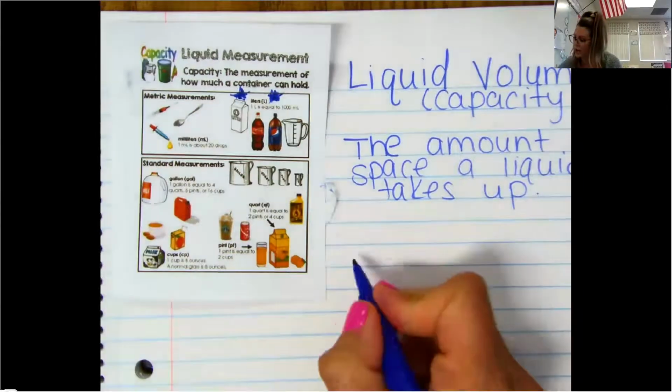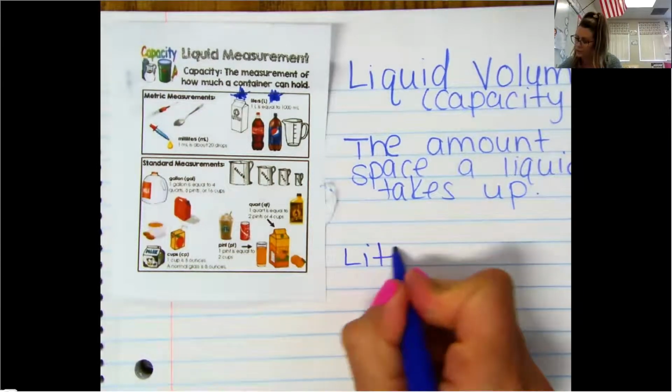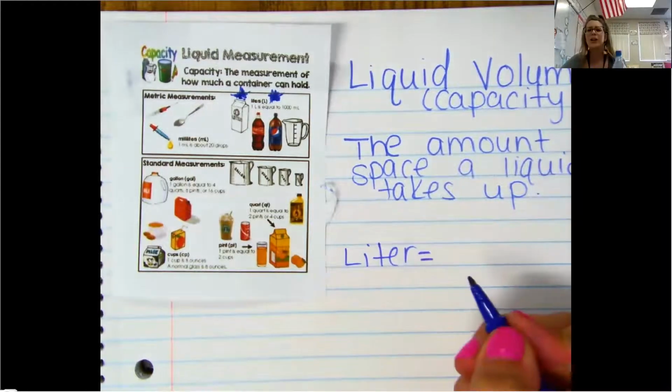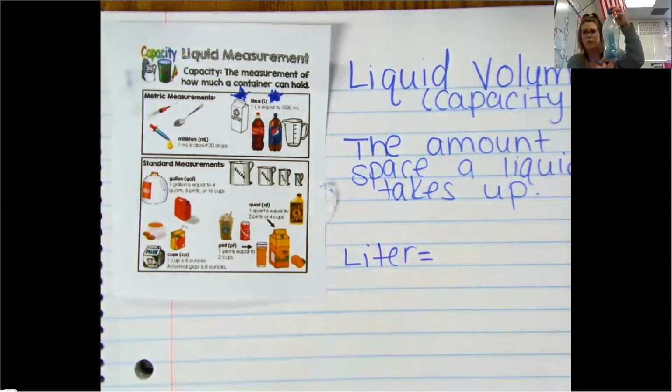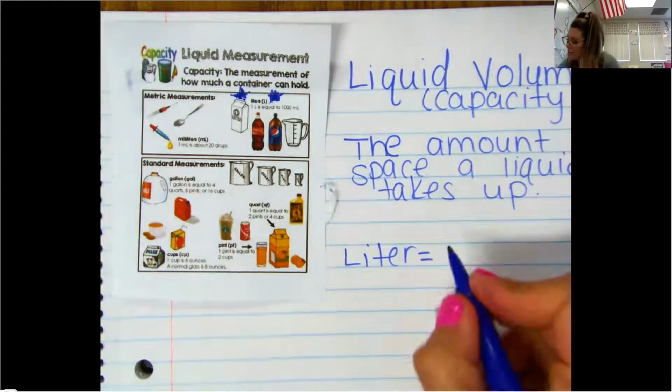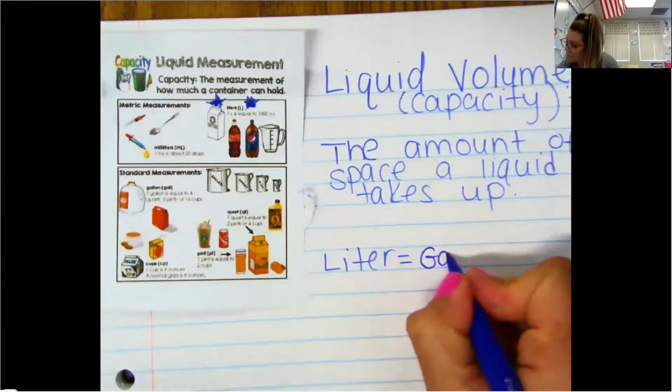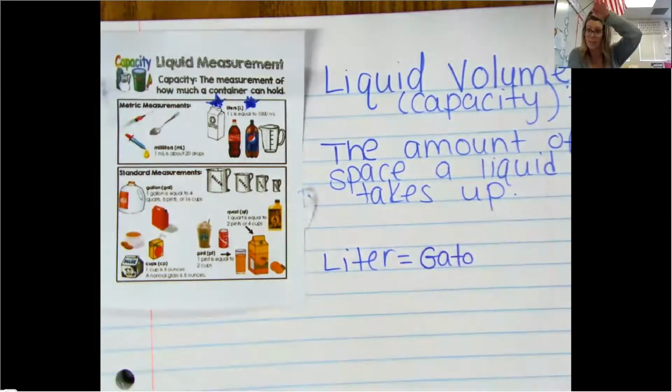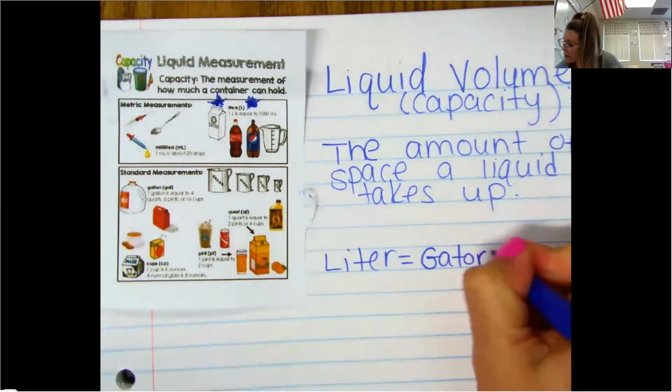So let's go ahead and write that one, a liter. And a liter is equivalent to like 2 water bottles, or this big water bottle, or like a jug of Gatorade. Okay, so maybe we could put that one. Not the big things of Gatorade, but the little individual jugs of Gatorade. That would be about a liter.